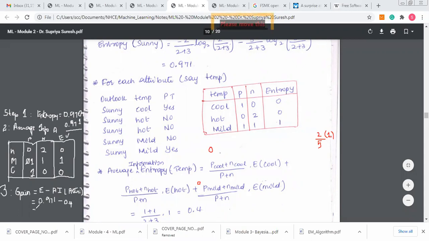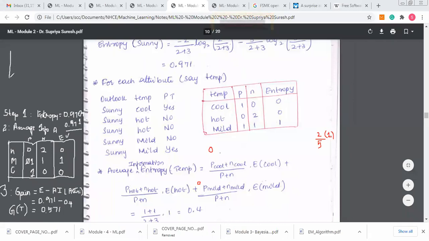What is the gain of temperature? Subtract this and let me know. Is it around 0.571? Yes, ma'am. 0.571. So I've got it for one value.